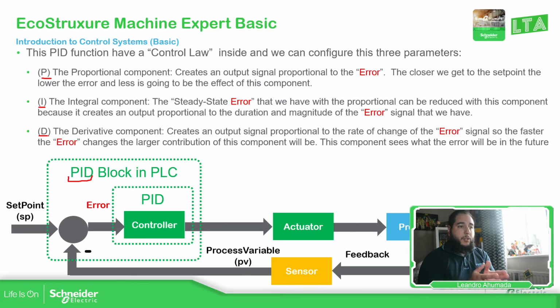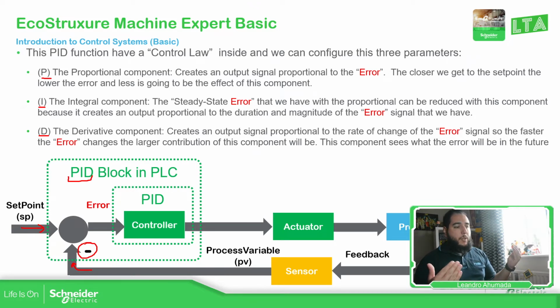So let's start with the proportional first. The proportional basically creates a proportional signal, okay, based on the error that we have. As you can see here at the bottom, we have the set point and we have the process variable, and we have a minus sign.